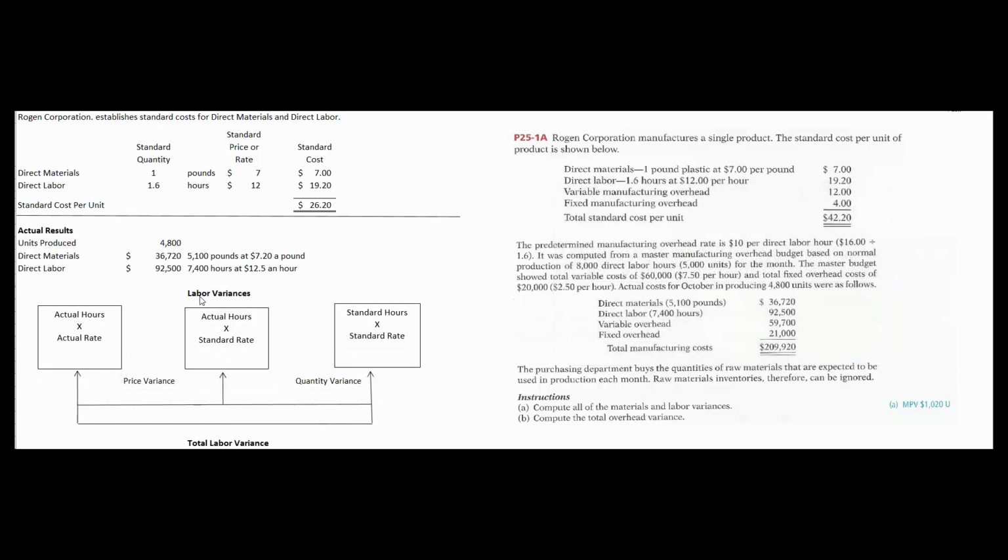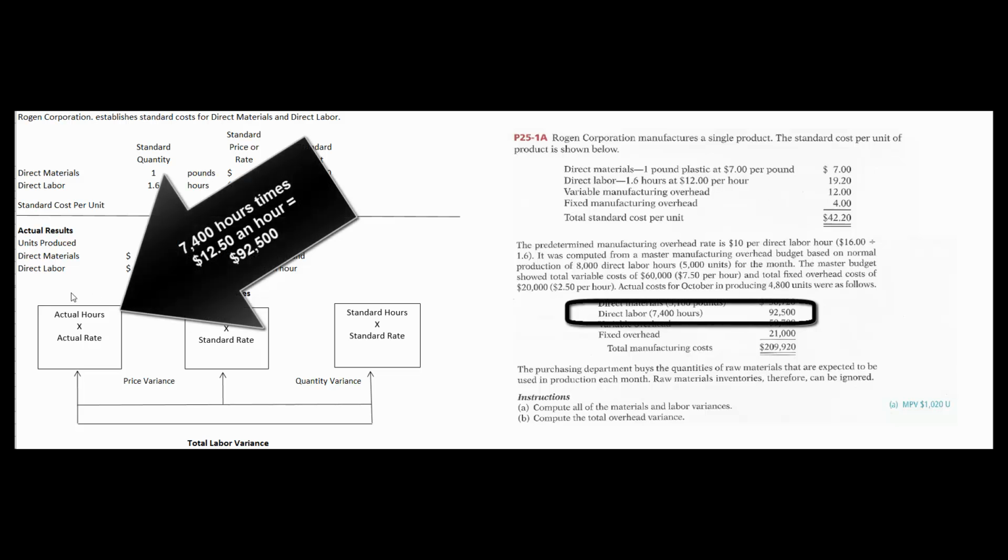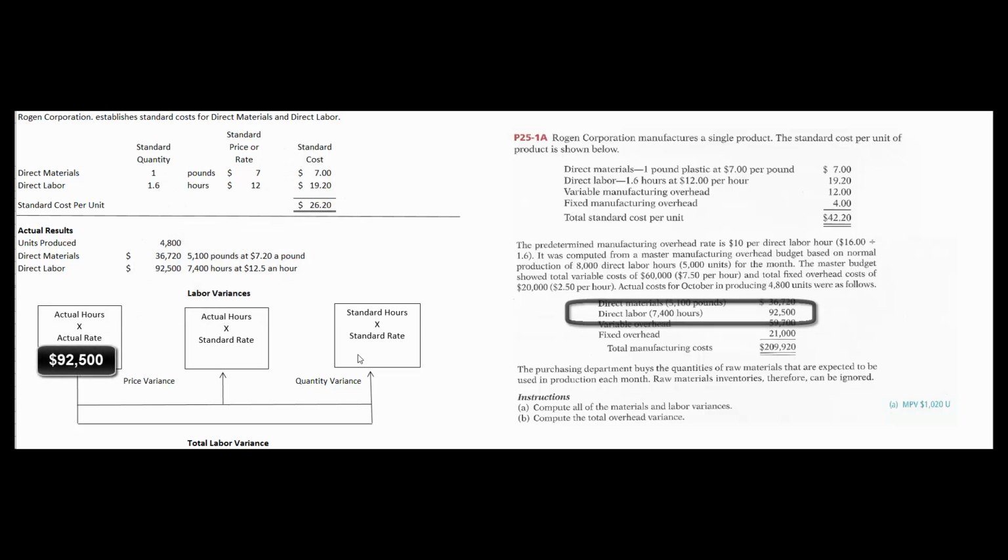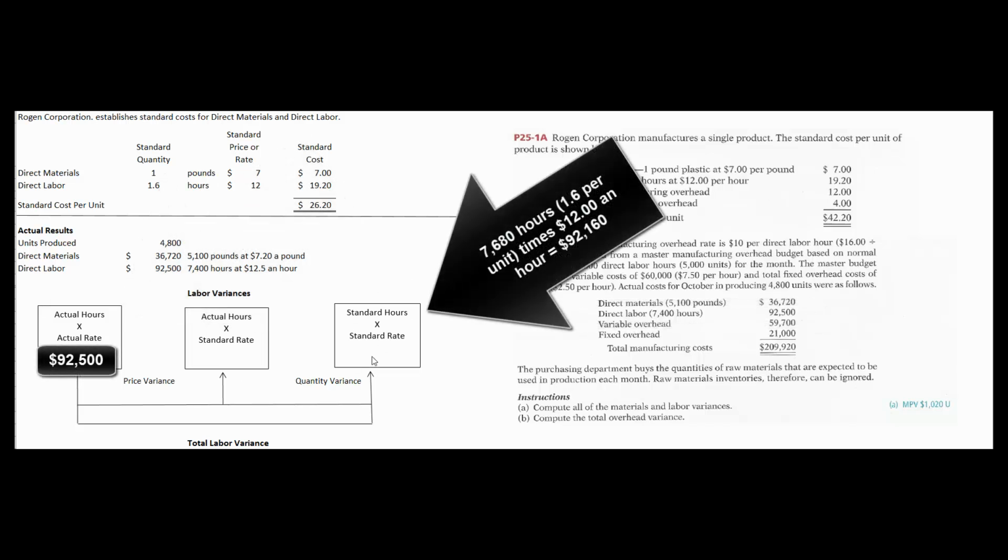Okay, for the labor, this box out here is 92,500. The actual hours of 7,400 times the actual rate of $12.50 gives us 92,500. The standard hours here, we were supposed to use 1.6 hours on each unit. 1.6 times 4,800 is 7,680.